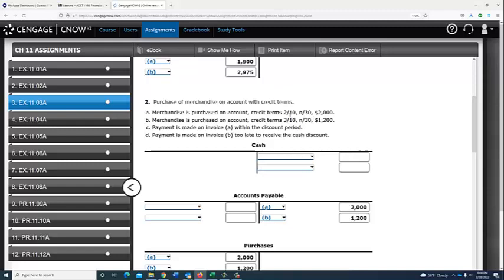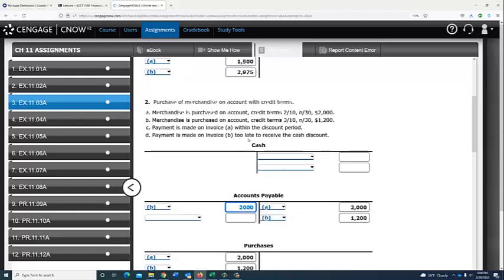So we have 2000 with the 2% discount, and that's $40. The first thing I'm going to do is debit accounts payable to offset the 2000. Remember, we always want to clear out our accounts payable, so whatever went into accounts payable has to come out.